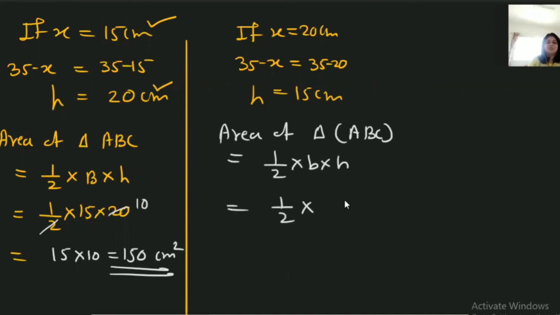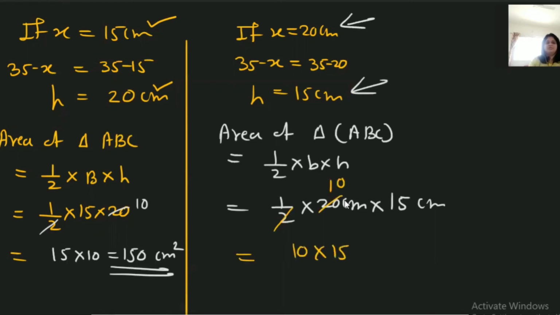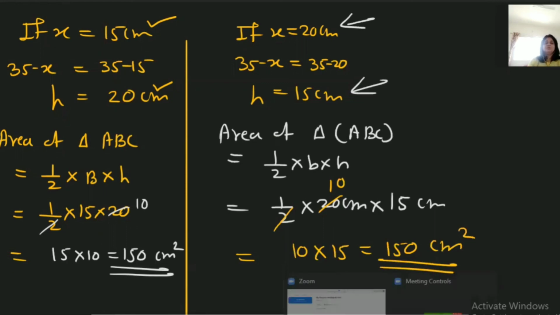So half into, how much is the base here? Base is 20 centimeter. How much is the height? Height is 15 centimeter. You can reduce 2 with 20 and it's 10. And finally you will get 10 into 15. It means that again the same value you have got, that is 150 centimeter square, which is the required area of the triangle.